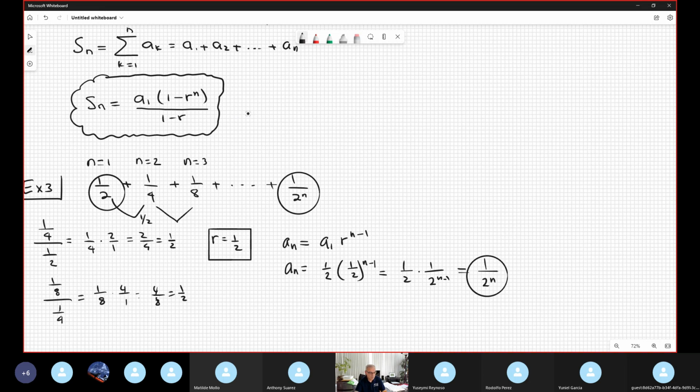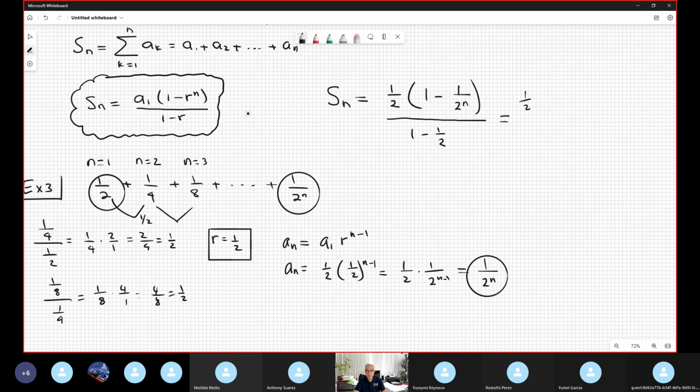In general, the sum in our particular example: A1 is 1/2, parenthesis 1 minus r to the n power, which is 1 over 2 to the n power, divided by 1 minus 1/2. 1 minus 1/2 is 1/2.